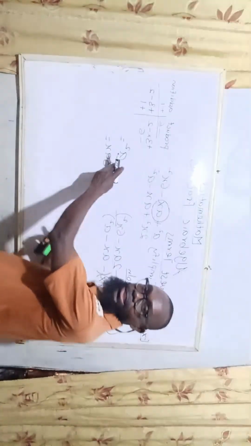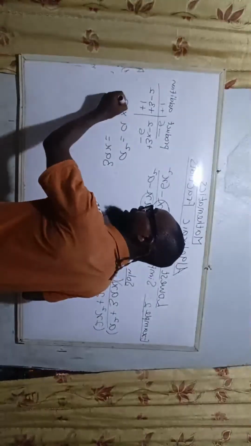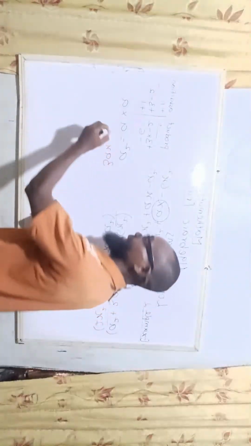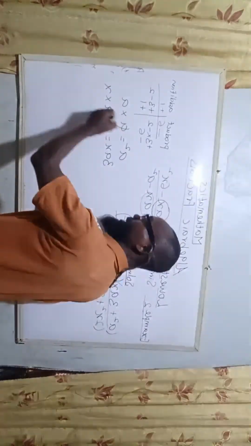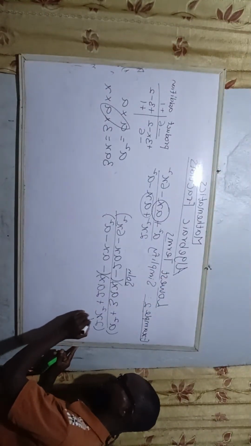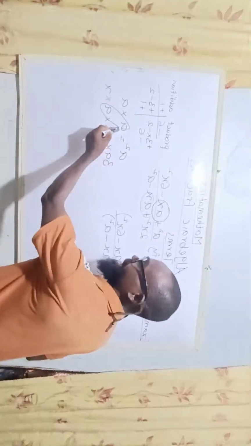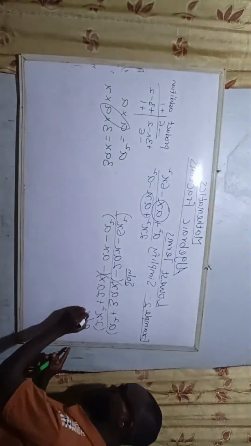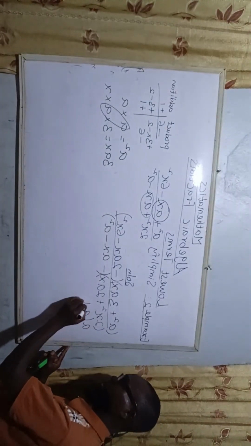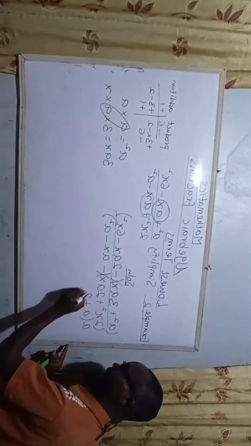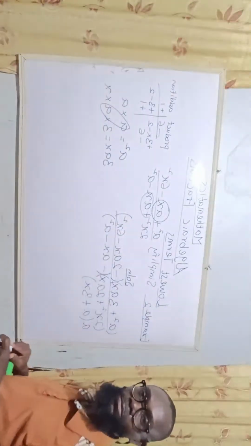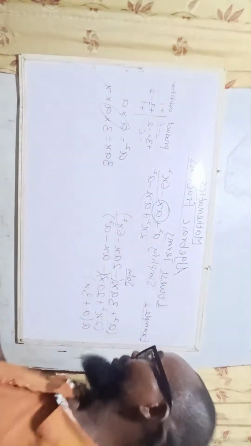A squared can be written as A times A, while this one can be written as 3 times A times X. So what is common here? A is common. So I'm taking my A. Open bracket. If I remove this A here, it remains A. Plus, if I remove A here, it remains 3x. Close the brackets.